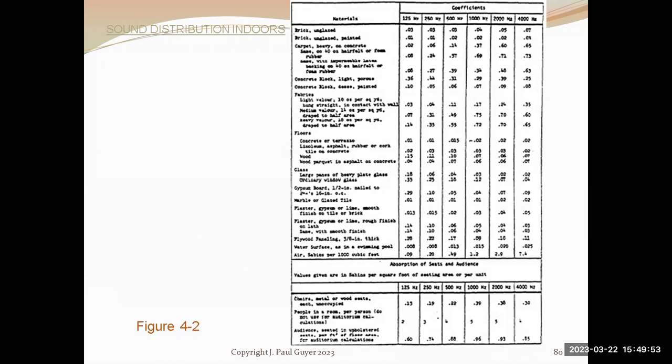And so you want to select your building materials that will provide you with the degree of sound reduction that you need to have to get the sound from the source room reduced to what is acceptable in the receiving room. The bottom line is you get these sound transmission coefficients largely from the literature or from material suppliers.